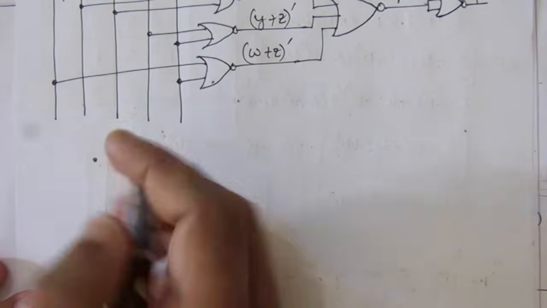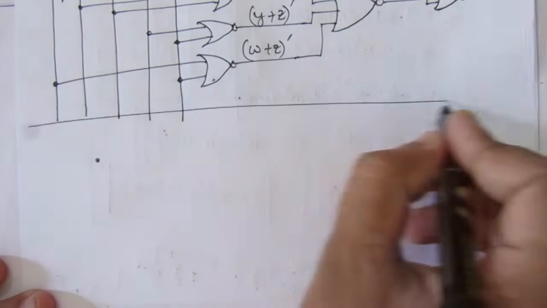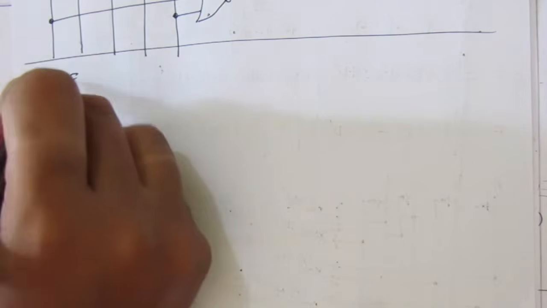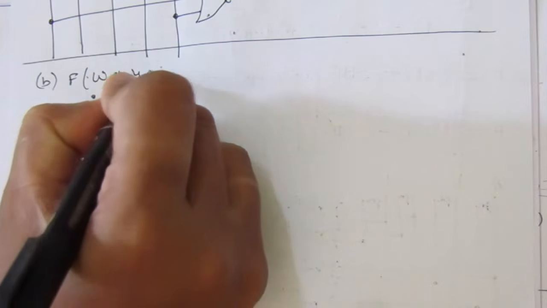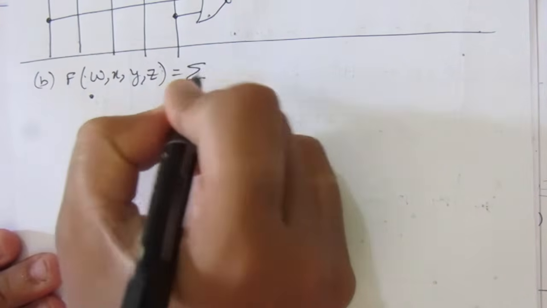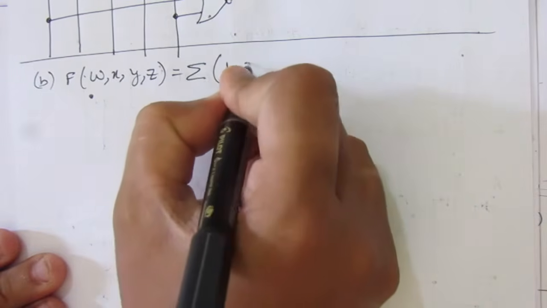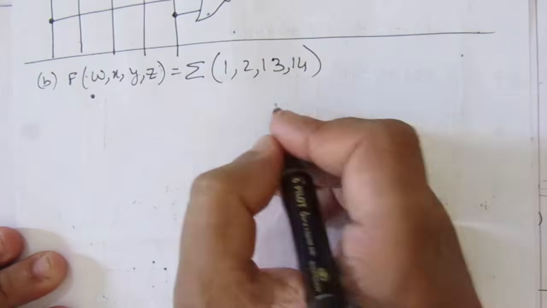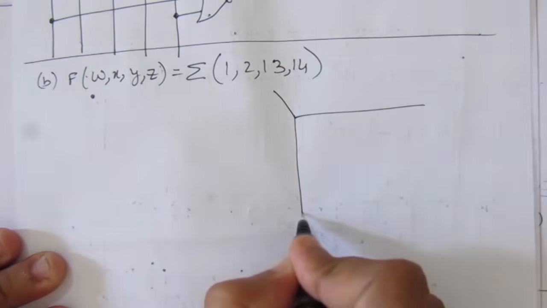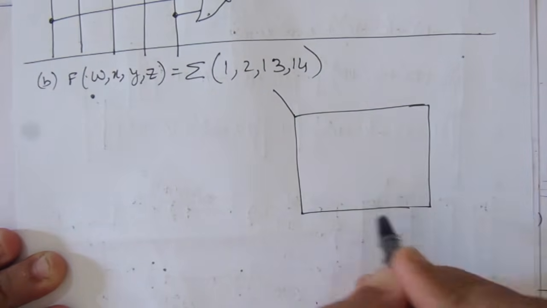Now let us go to the second part of the problem. In part B, we have f of w, x, y and z equal to the sum of minterms 1, 2, 13 and 14. Let us make a 4 variable map because we have 4 variables w, x, y and z.